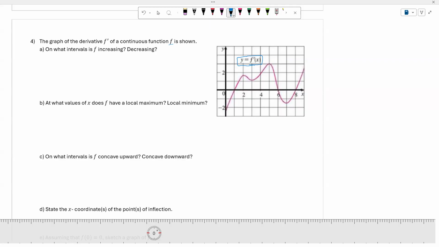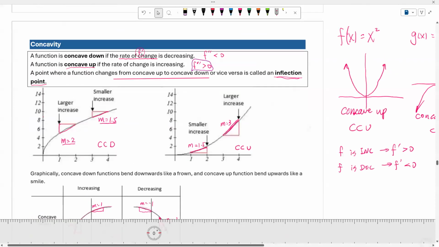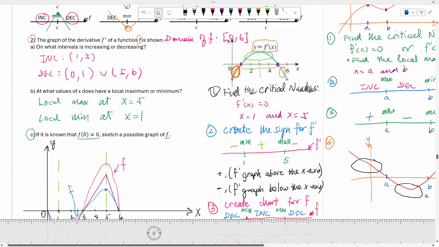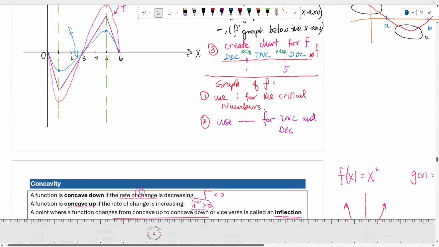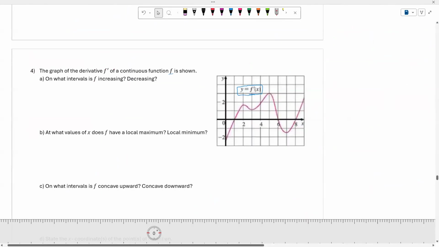Let's see how we actually work out this problem. Basically, I will follow the procedure that we used when we worked with number 2, and I will add some more information, because this f prime right here is a bit more complicated than the function in problem number 2.